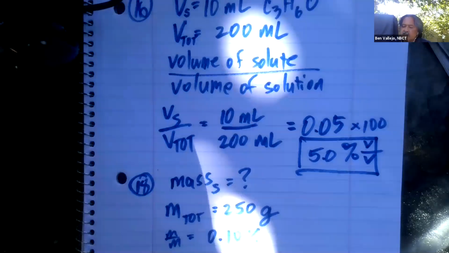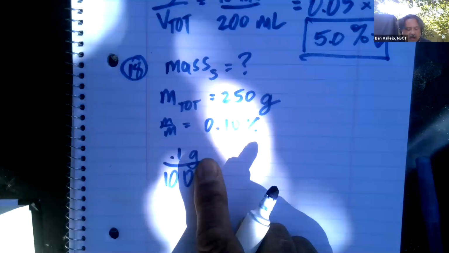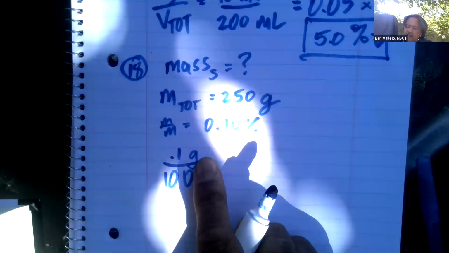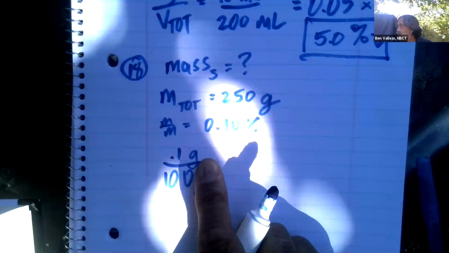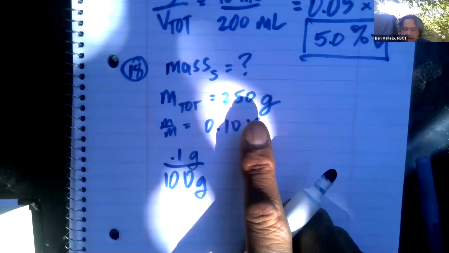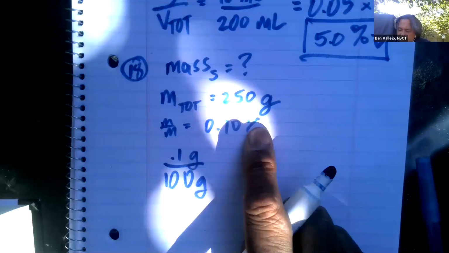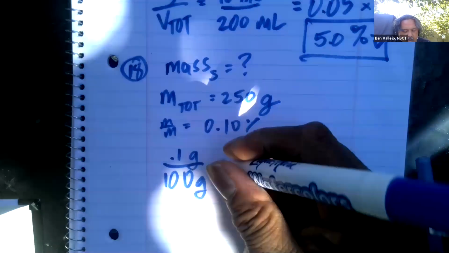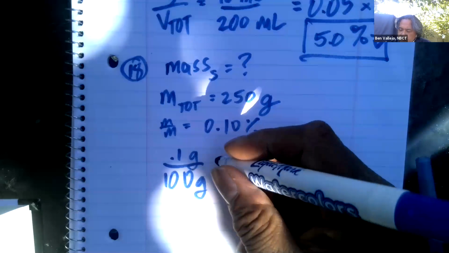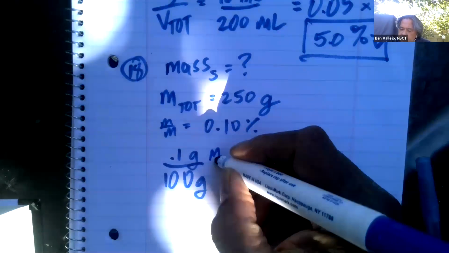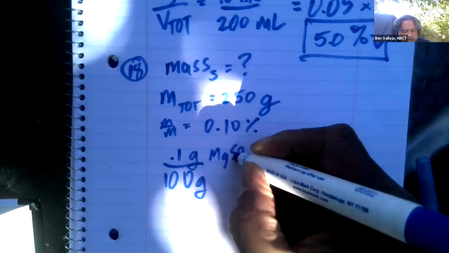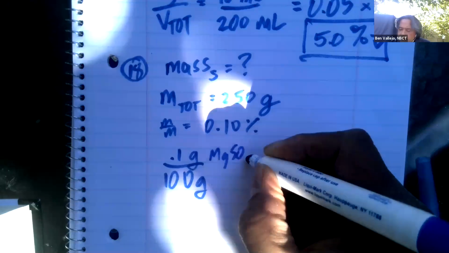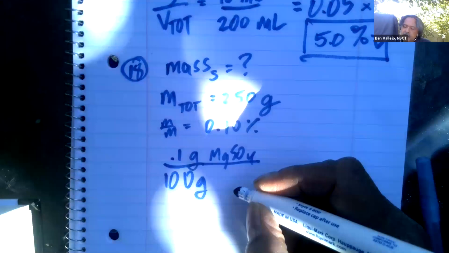If we express this as a conversion factor, that's 0.1 grams of MgSO4 over 100 grams of the whole solution.